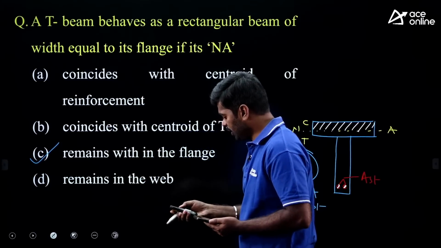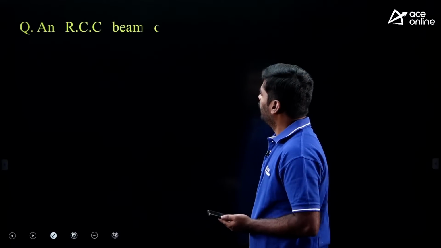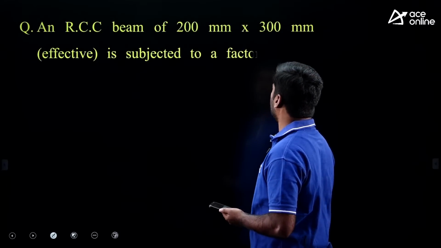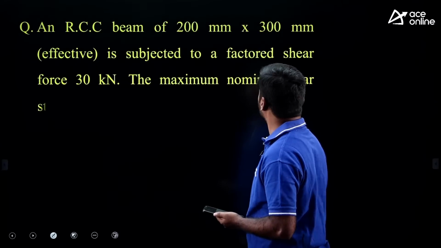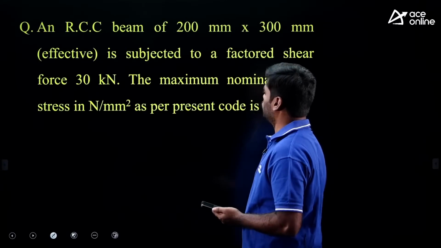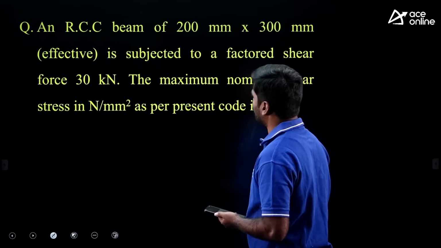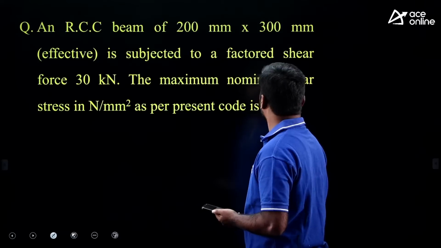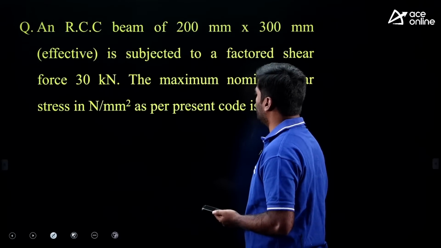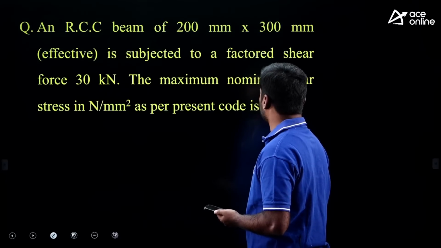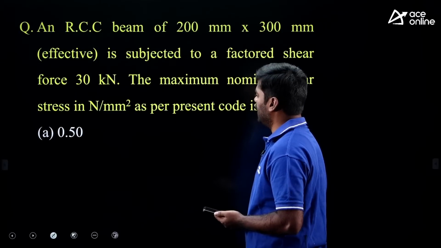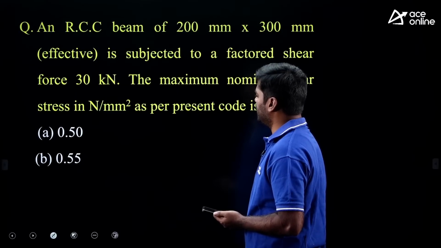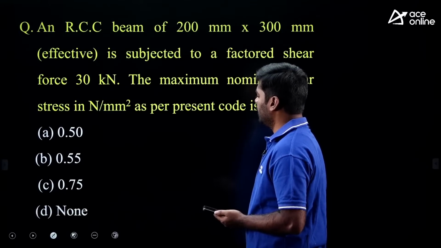Ready? Next question, ready? Be ready. An RCC beam of 200 mm by 300 mm effective, the given one is effective depth, is subjected to a factored shear force 30 kilonewton. The maximum nominal shear stress in Newton per mm square as per present code is, options given: A 0.5, B 0.55, C 0.75, D none.